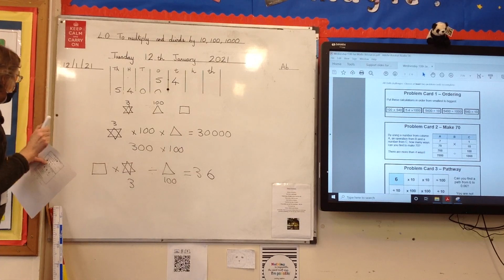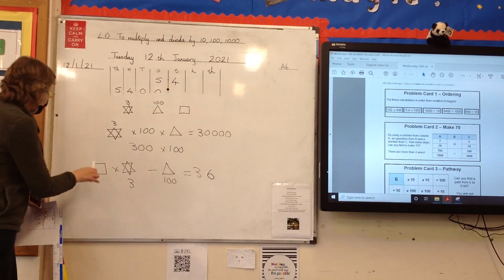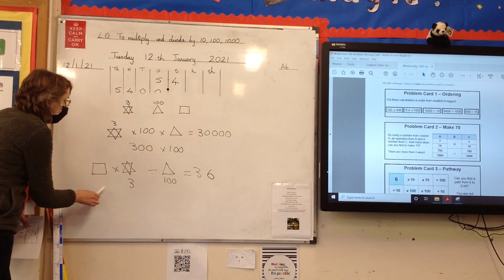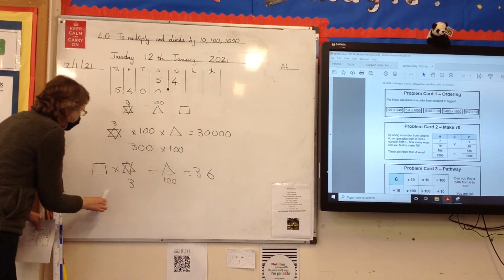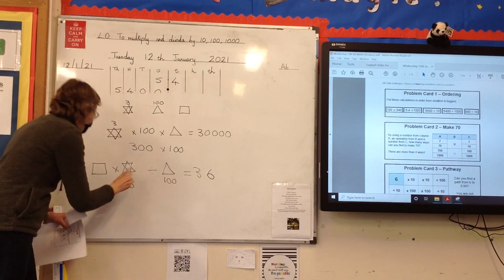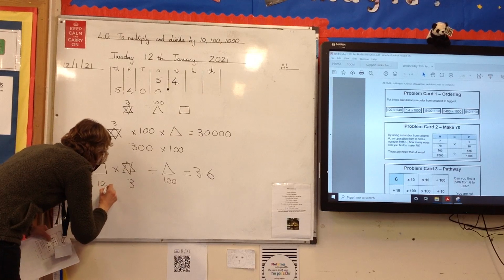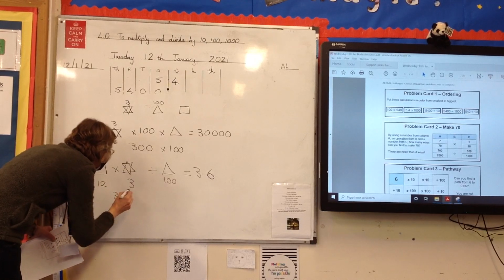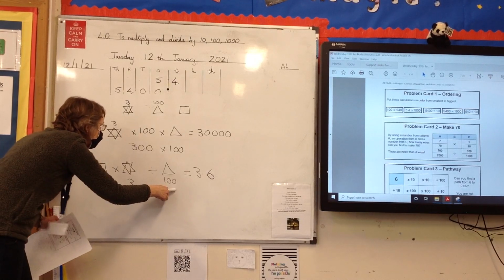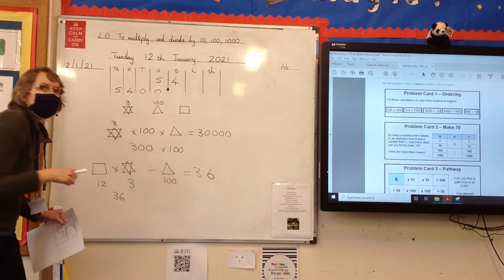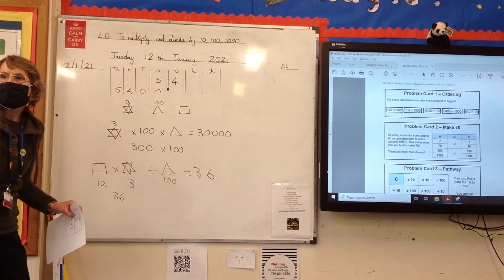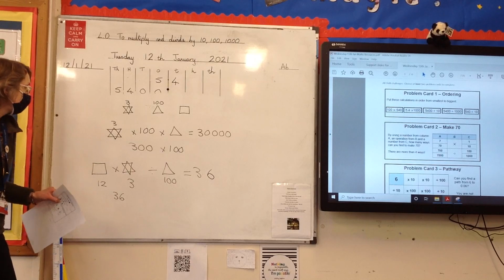So, we need to try it out. First of all, if I said 12 times 3, that makes 36. 12 threes are 36. Divide that by 100. What would 36 divided by 100 be? 0.36. Right.